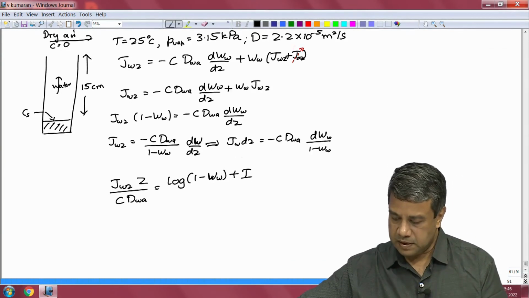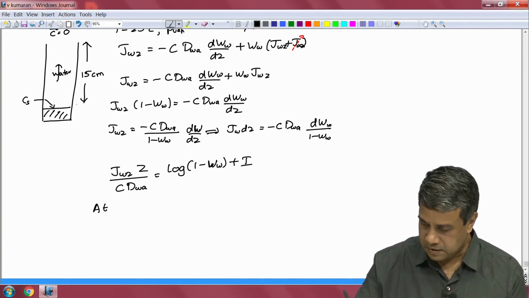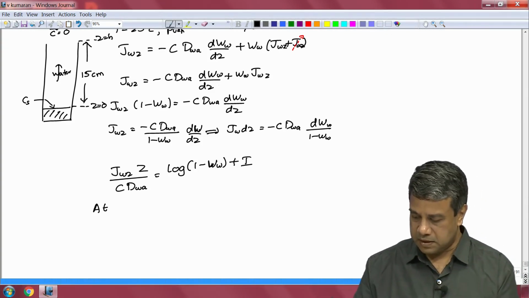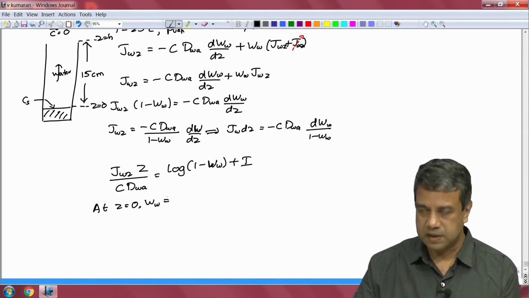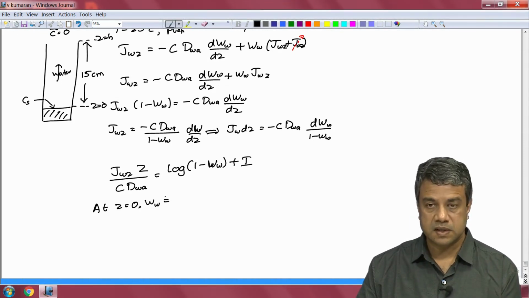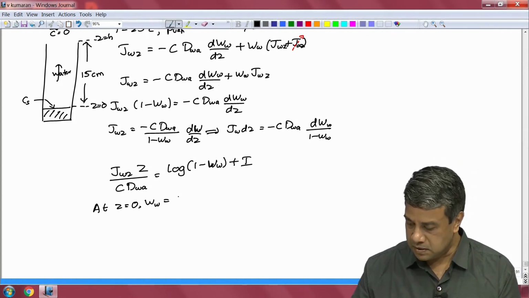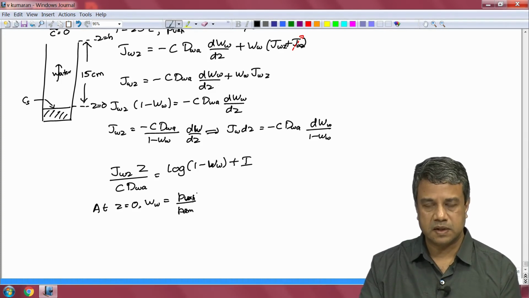That constant of integration is determined from the condition that at the surface, if I take this as Z is equal to 0 and this as Z is equal to H, at the surface Z is equal to 0, the weight fraction of water is equal to the saturation concentration. The saturation concentration is the ratio of the vapor pressure divided by atmospheric pressure.